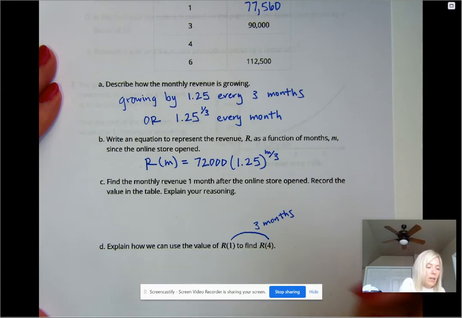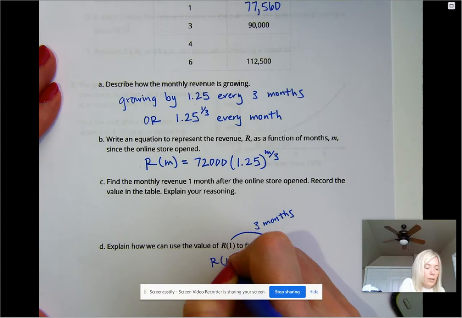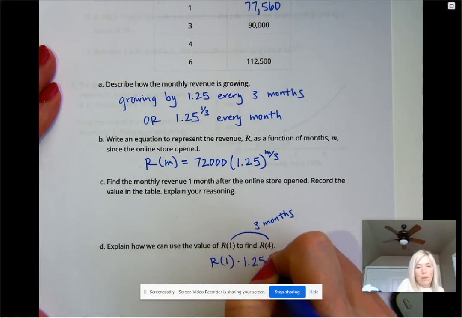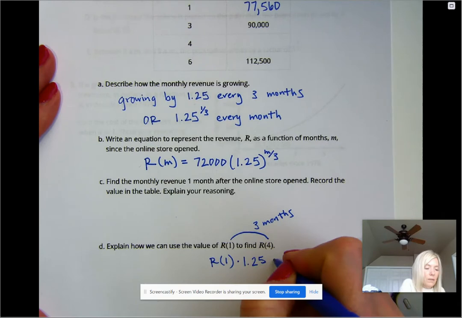So we can just take our value for R of 1 and multiply it by 1.25, since that represents what happens in 3 months. And that should give us the value for R of 4.